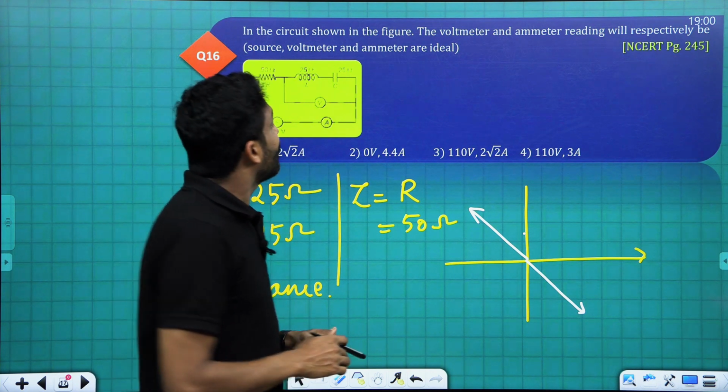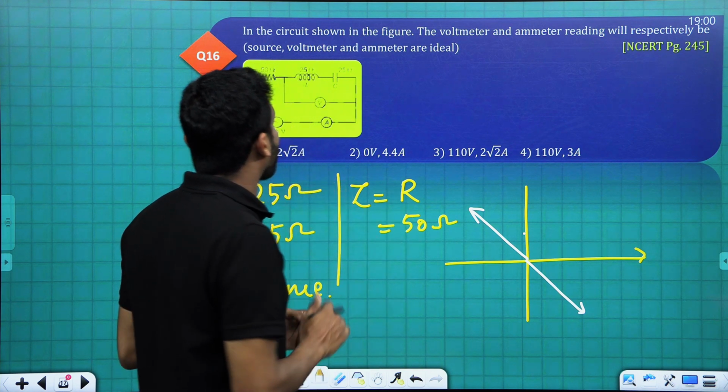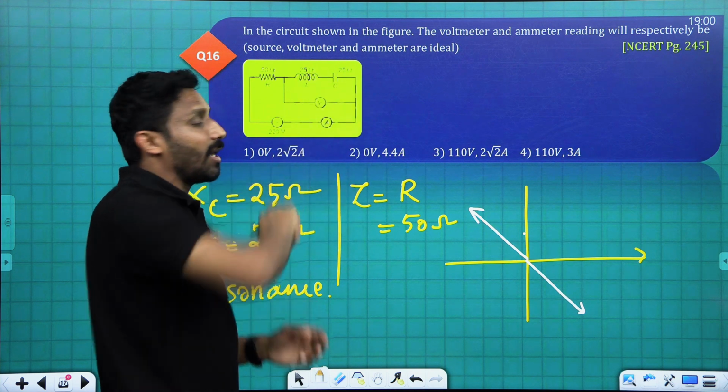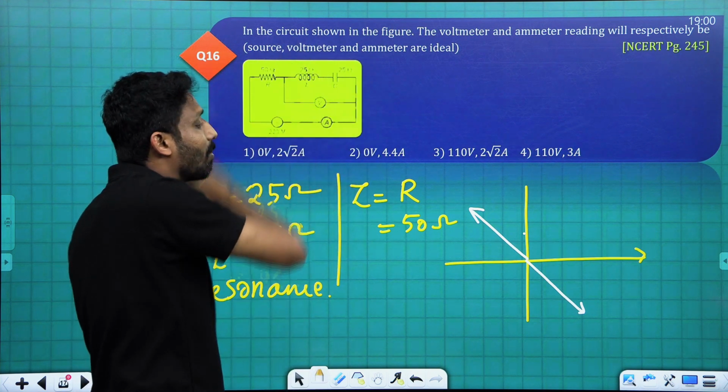Now another one is the ammeter reading. The ammeter reading will be the IRMS value. What is the IRMS value?